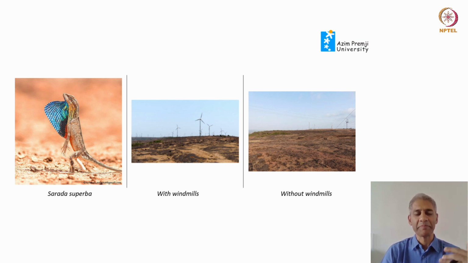And then this has to be repeated over a number of times, and perhaps over a number of years for you to correctly estimate what is the population of the species that you are interested in. And this is what the researchers did.